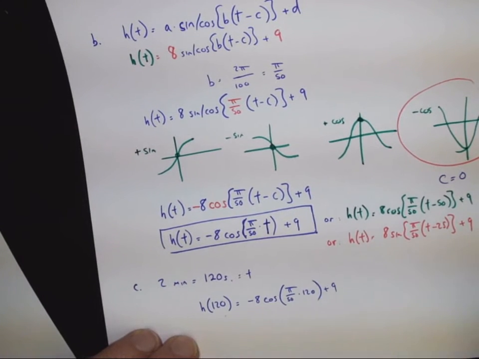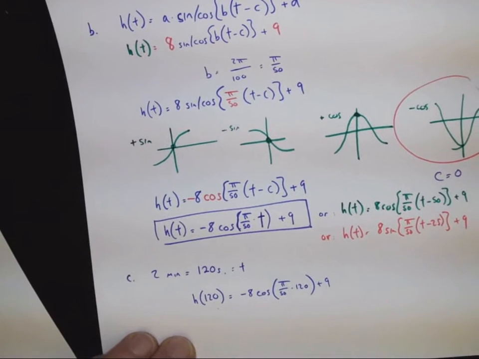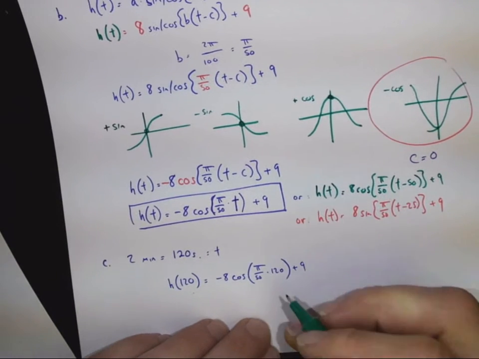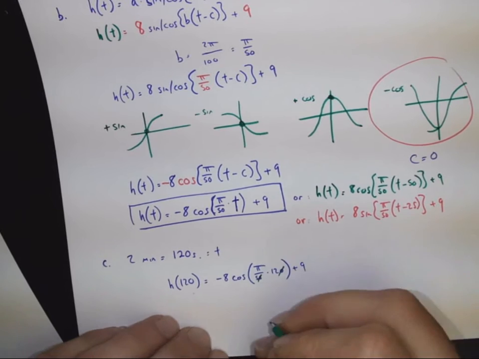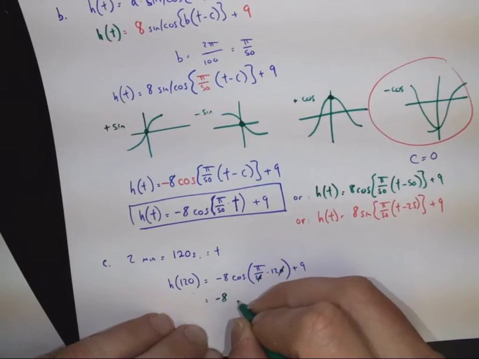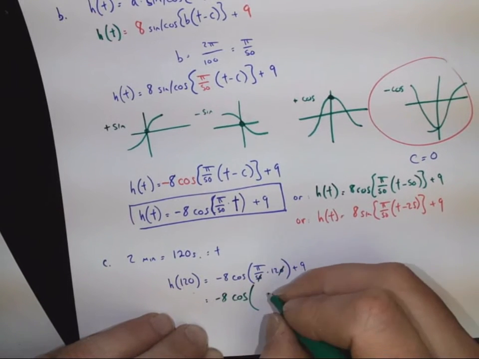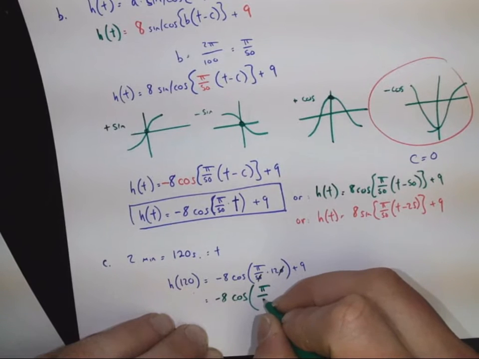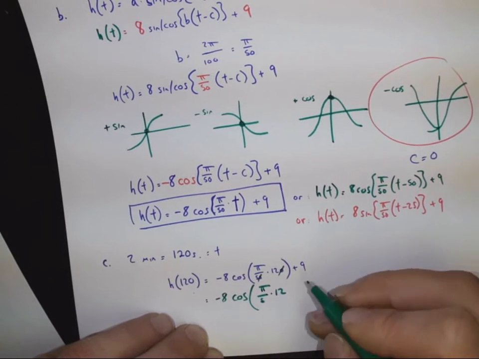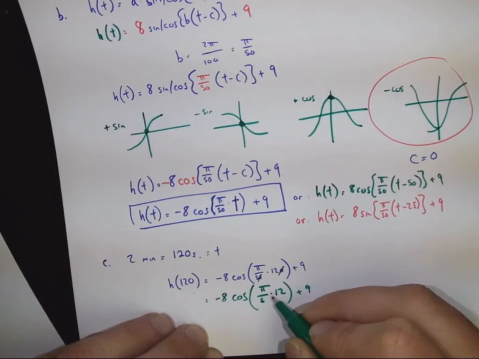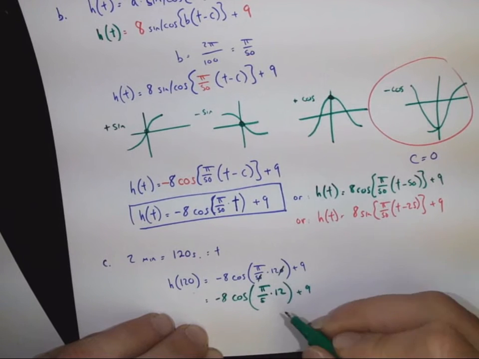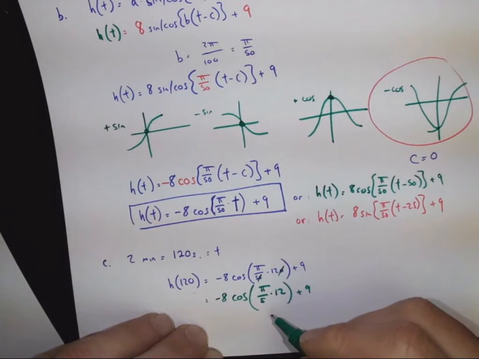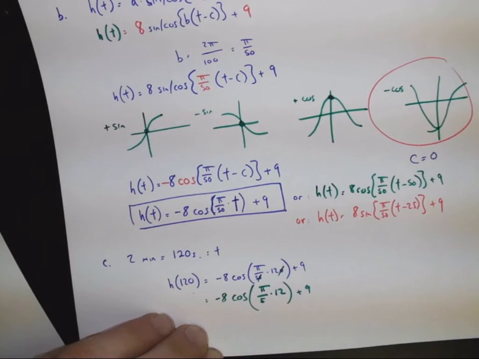plus 9. Now, I'm going to see if I can do this without a calculator. Zeros cancel out. Get negative 8 cosine pi over 5 times 12 plus 9. That's not going to work out nicely, I can see. 12 fifths. Yeah, okay.